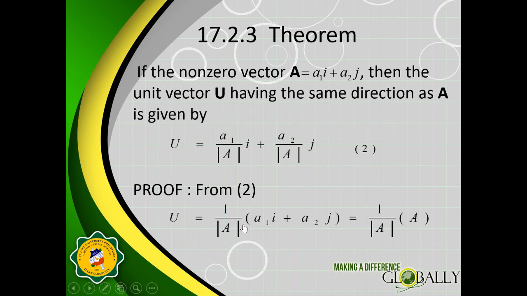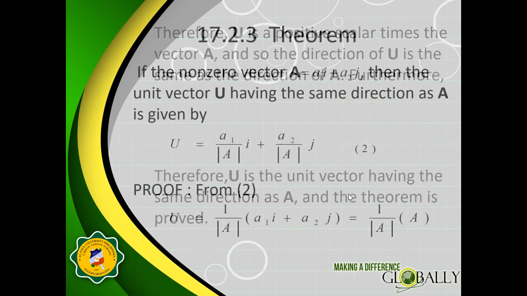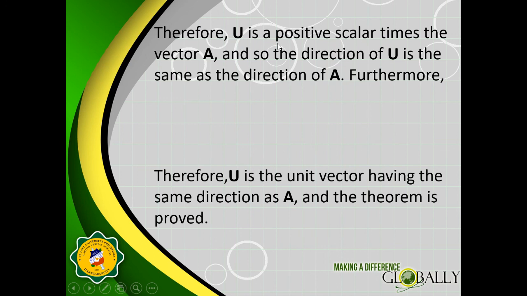So, we have this equation. Now, we know that A equals A1i plus A2j. Substitute this equation into the brackets. So, we have these equations. Therefore, U is a positive scalar times the vector A, and so the direction of U is the same as the direction of A.